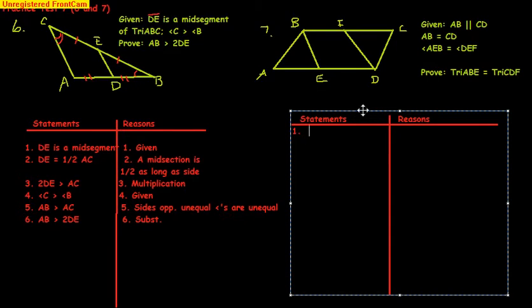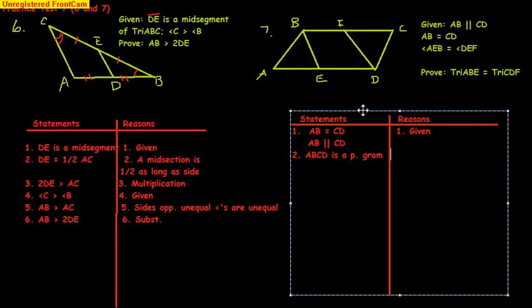So let's put our given down. AB is equal to CD. That is given. And we're also going to put on the same step that AB is parallel to CD. Once we have the sides are equal and parallel, we know that ABCD is a parallelogram.